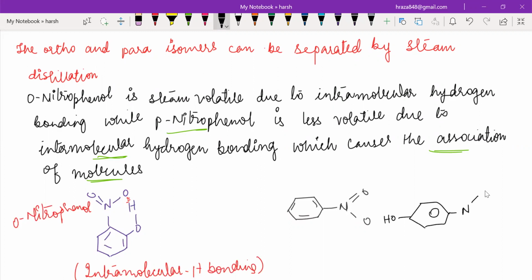This is N double bond O and O, and you can see this is OH. So between these two molecules, there will be hydrogen bonding. This is called intermolecular, between two molecules. So intermolecular H bond, and it is nitro. Are you getting my point?